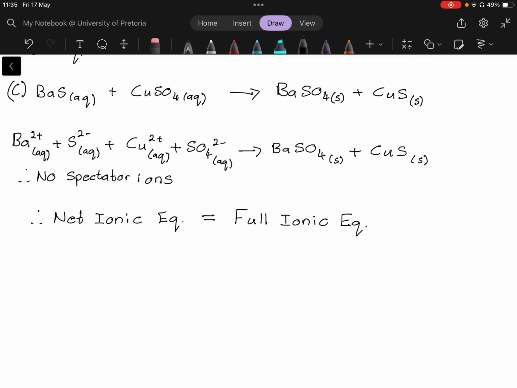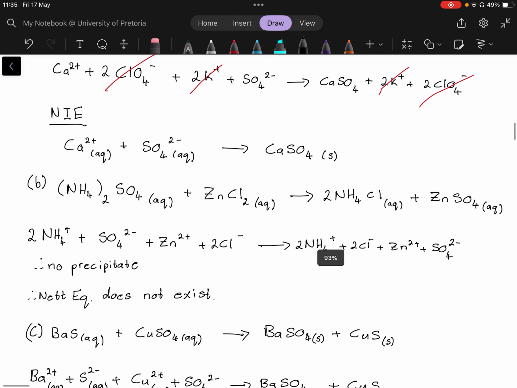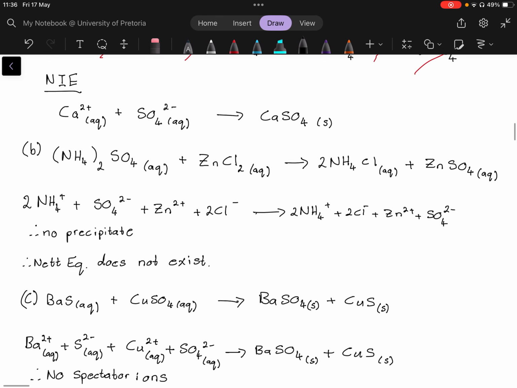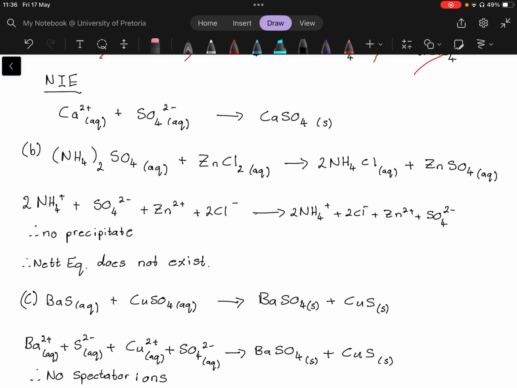So interesting. So the three situations that we looked at, the first one, there is one precipitate forming and one molecular compound that is still soluble. So we have a situation where we have two ions that form a solid. The second situation, B, we had that all of them are still soluble.